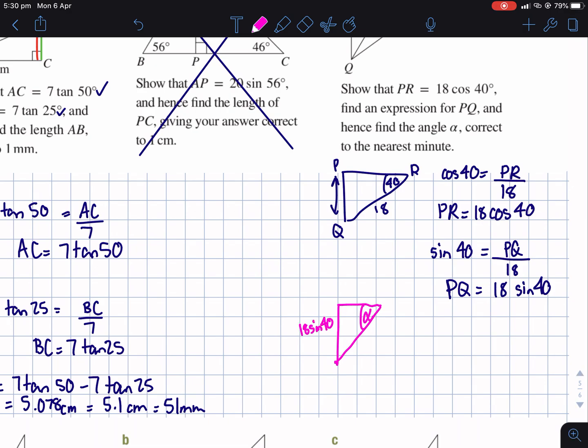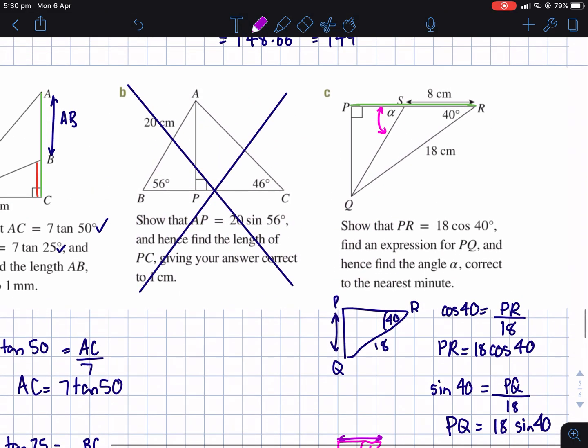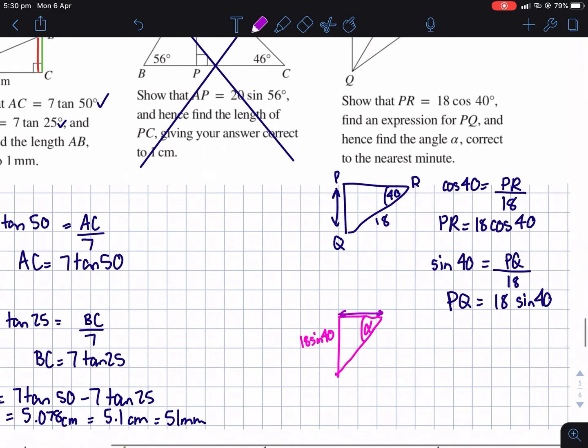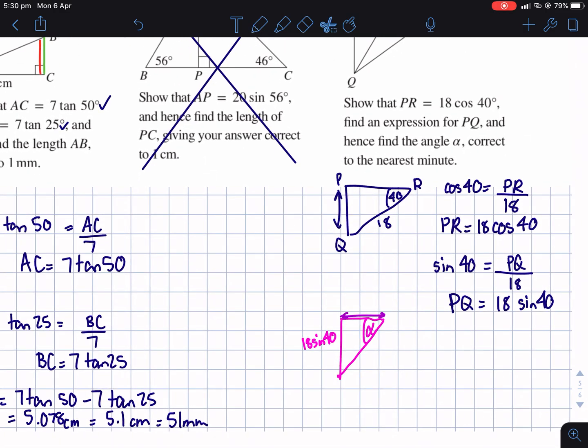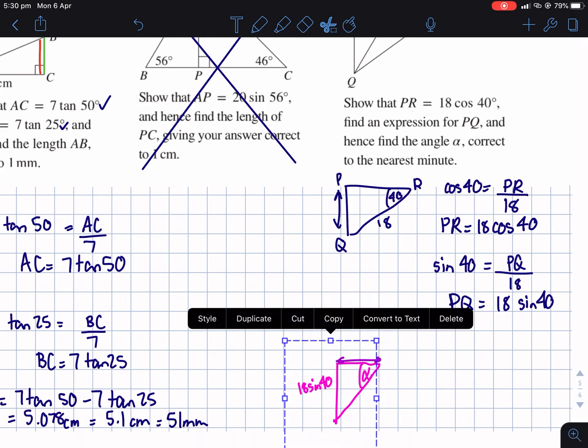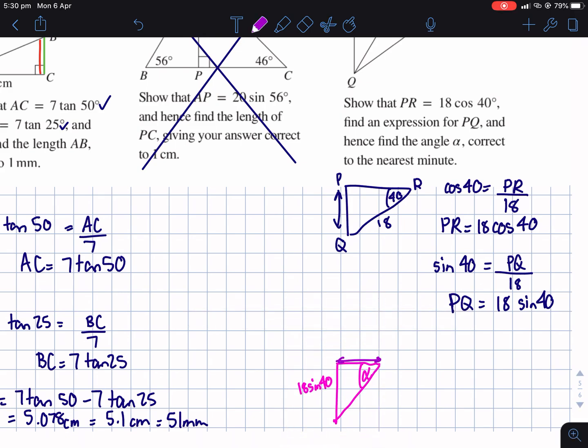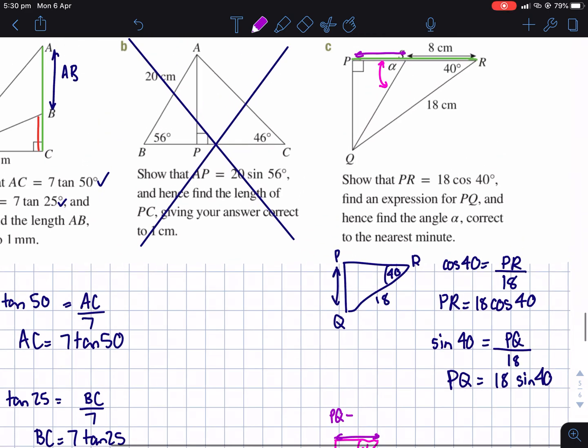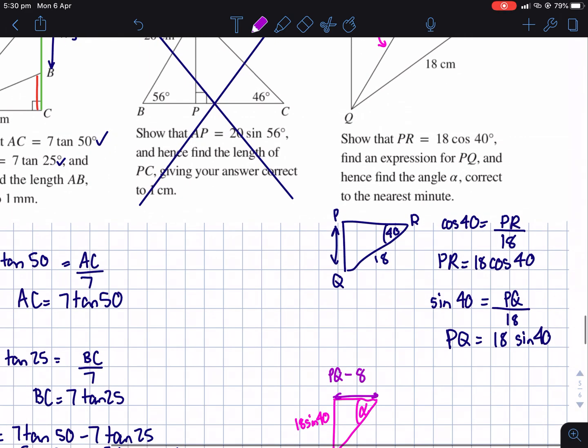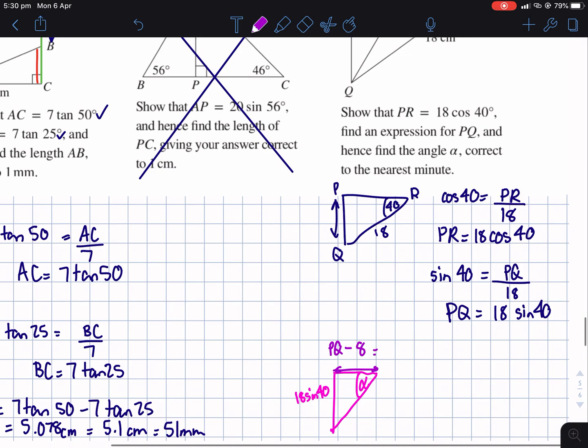And I know that this length along the top here is this bit. So it's the whole one, PQ, minus the shorter one, which they already told us was 8. So it's 18 sine 40 minus 8.